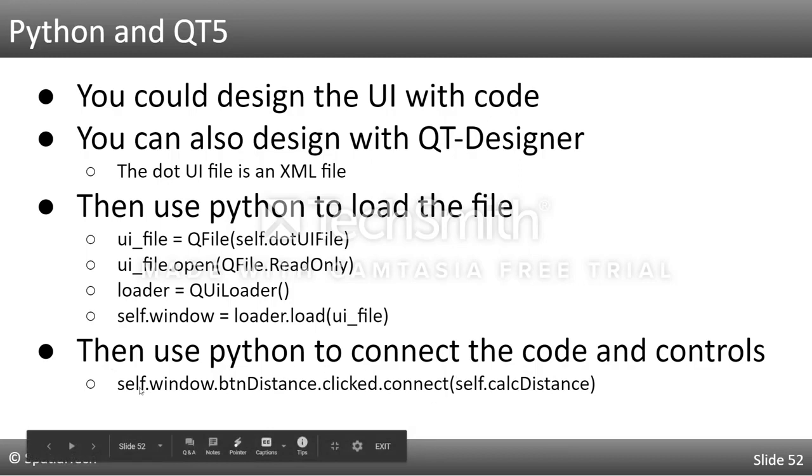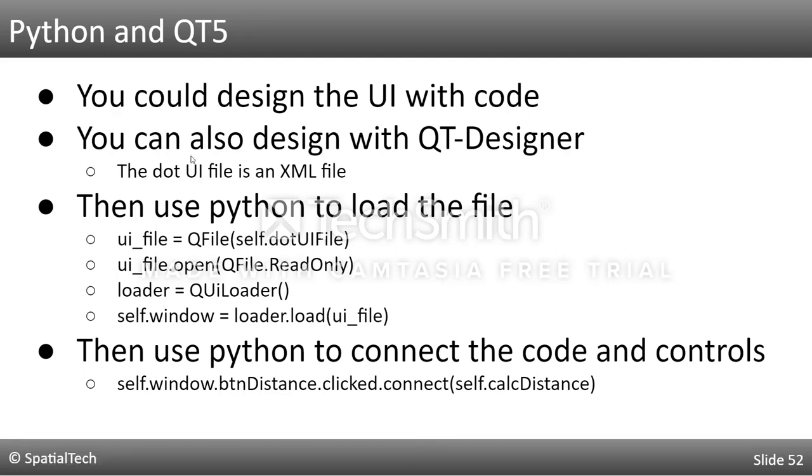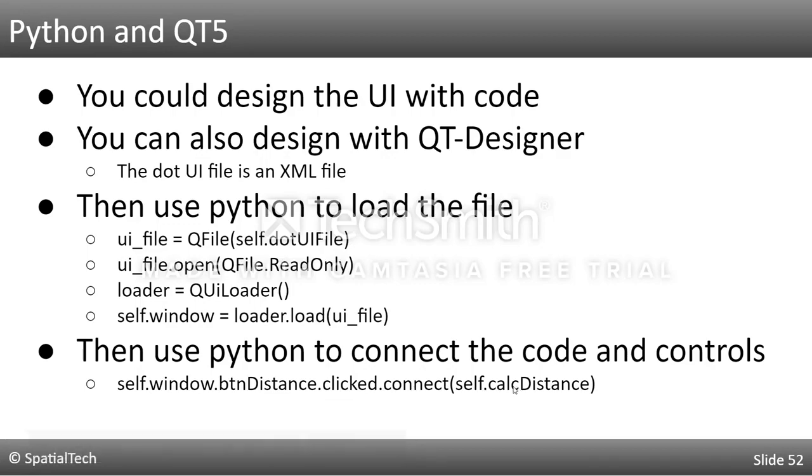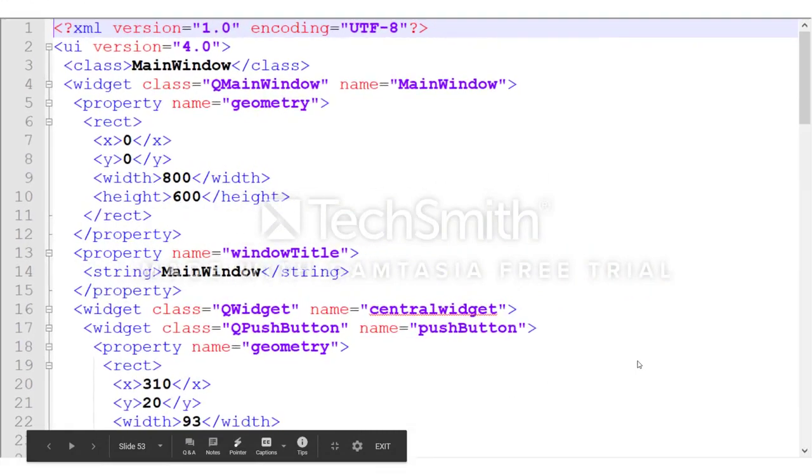So this is where we say, because it's cute, we're hooking up a signal and slot. So there's a button called distance. It has a signal called click, and in that slot called connect, we put our Python function called calc distance. That's how we hook them together. Right.